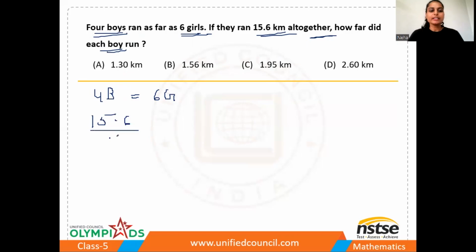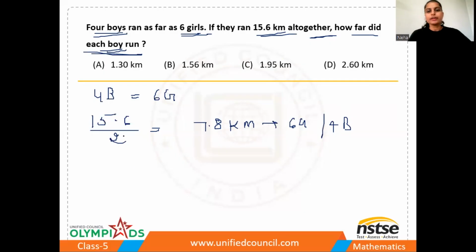If I divide this number by 2, then I get 7.8. So I can say that 6 girls or 4 boys are running 7.8 kilometers. The question is asking how far each boy ran.